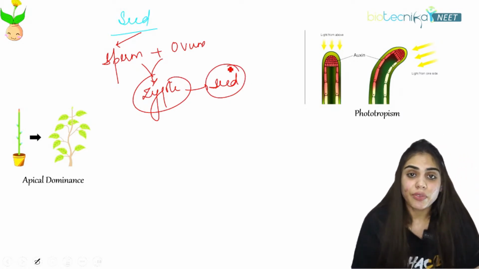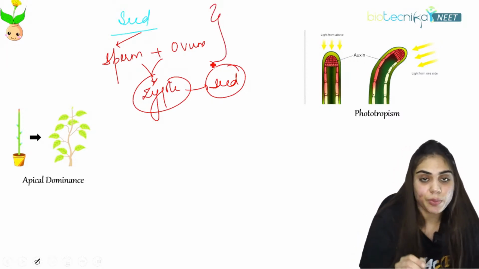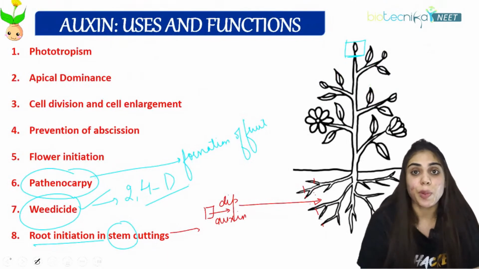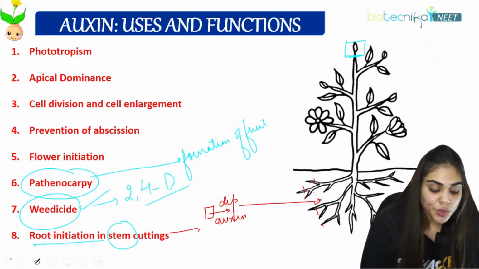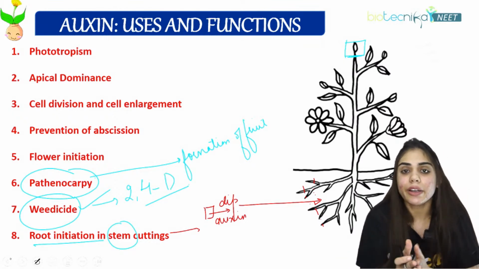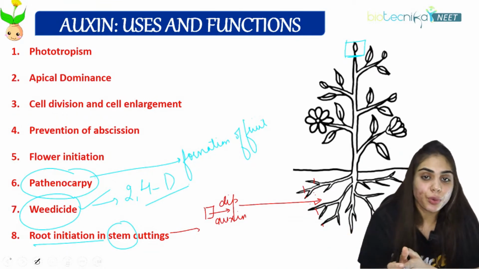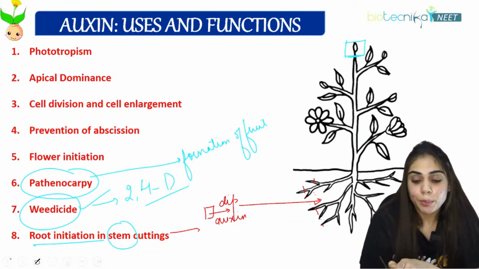But when the flower or fruit is formed without this mechanism, it is called parthenocarpy. Once you spray these auxins in the agricultural field, the plants will not undergo fertilization and they will give you n number of fruits. This is called parthenocarpy.